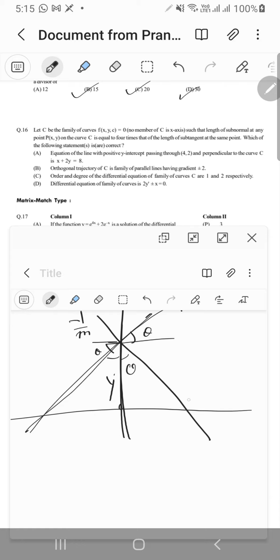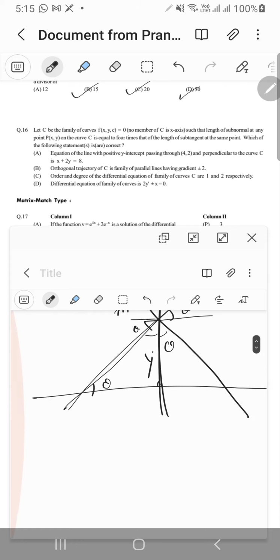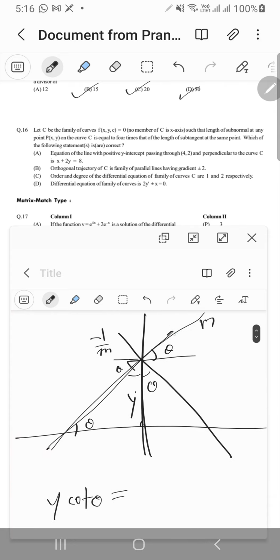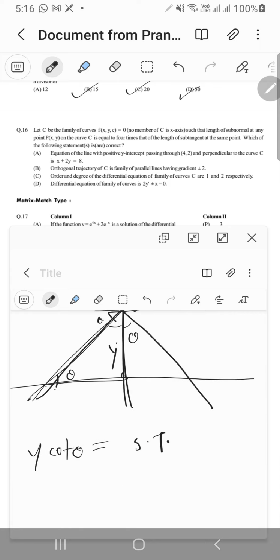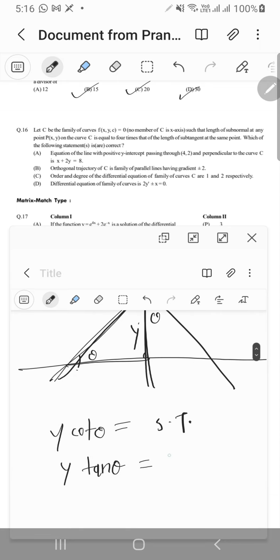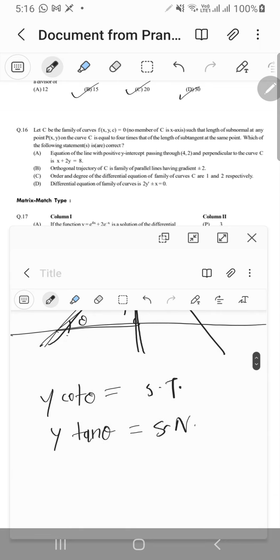So this angle will be 90 minus theta and this angle will be theta. So you just have y cot theta, this was our tangent, right? This was subtangent. It's subtangent, and y tan theta is the subnormal. Okay, and what they said is that subnormal is 4 times subtangent.